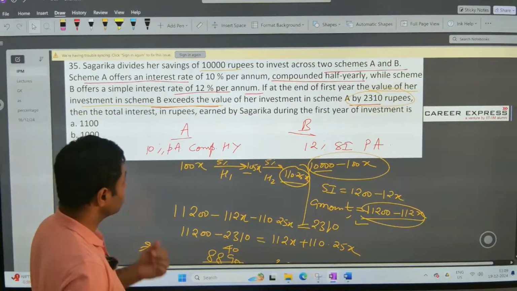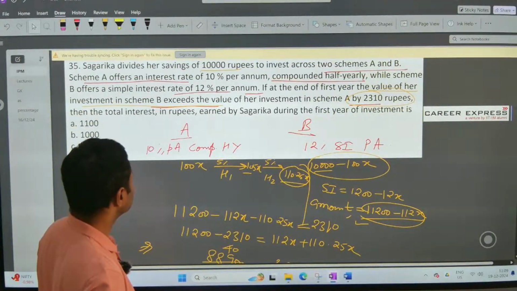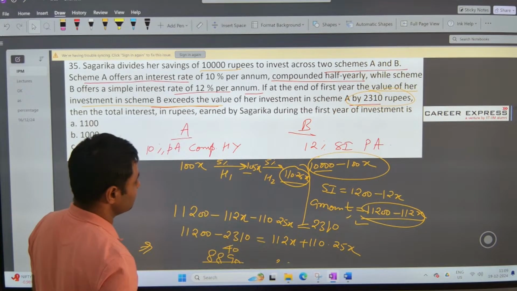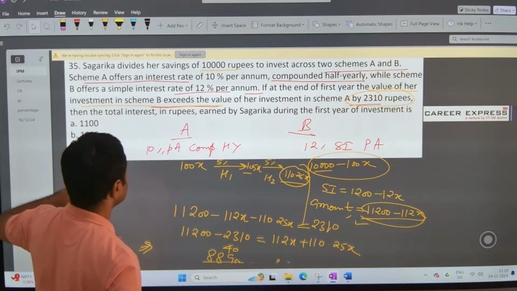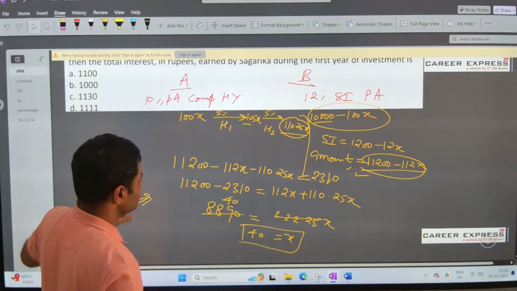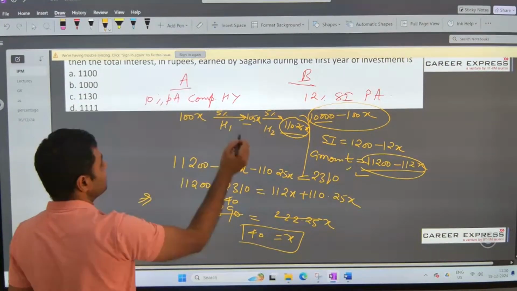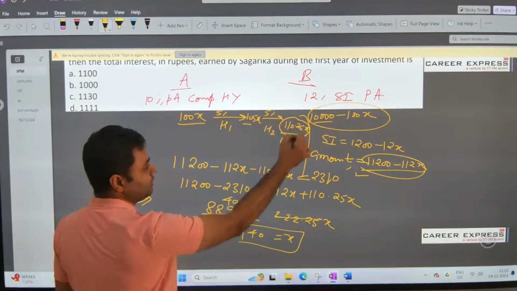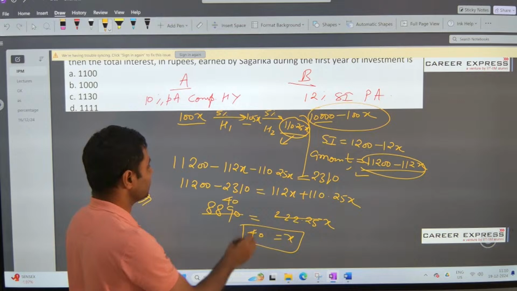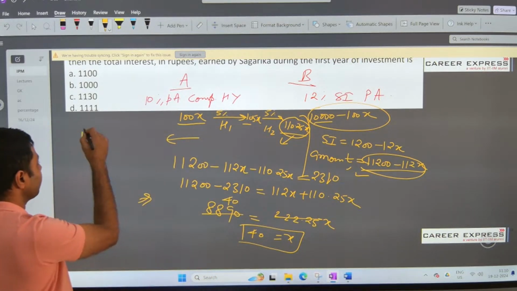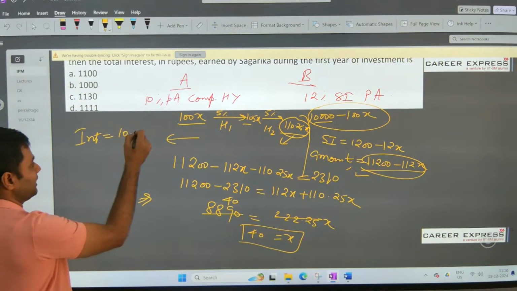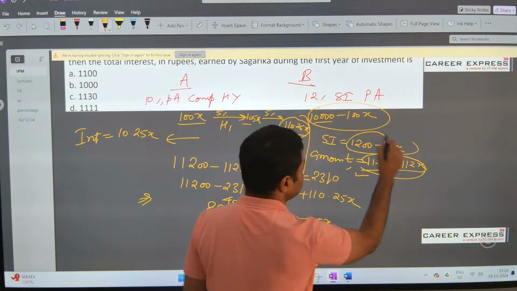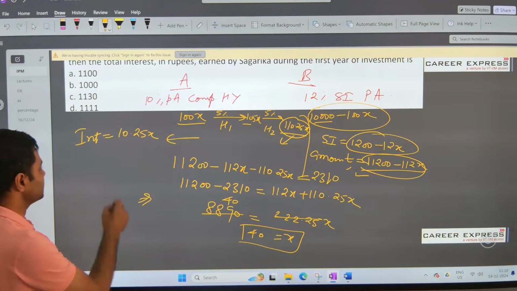The question is the total interest in rupees earned by Sagarika in the first year. So we need to just find the interest now. We already have x. So what was the interest? Interest in first year on scheme A: 100x was invested and the total value was 110.25x. So interest in scheme A was 10.25x and interest in scheme B was 1200 minus 12x.